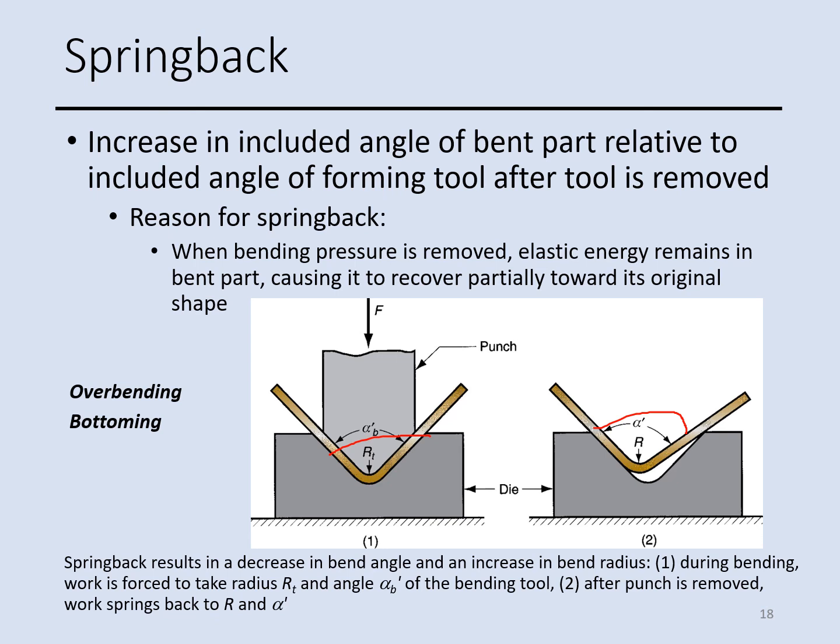The main reason is that we have some elastic energy that remains in the bent part. So the part does not have full plastic deformation. And because of that elastic energy, that recovers some of the original shape of the metal.